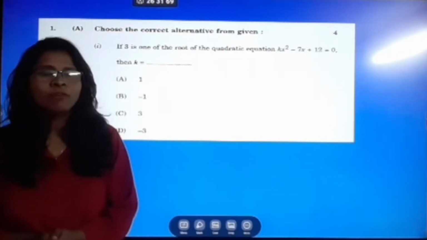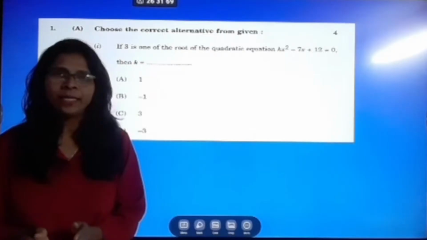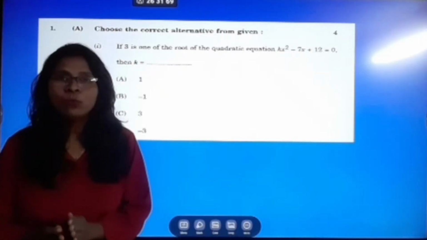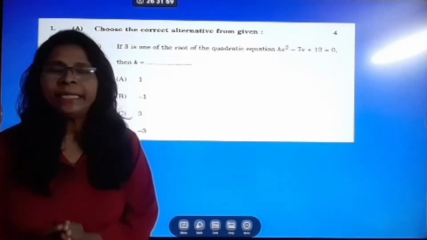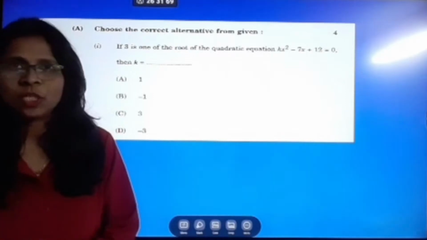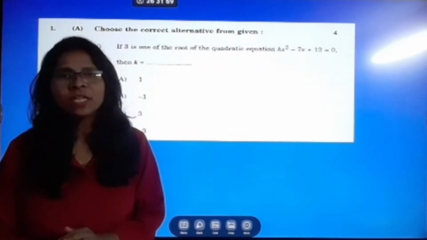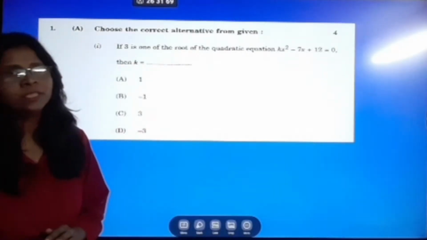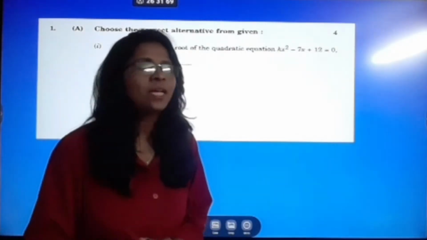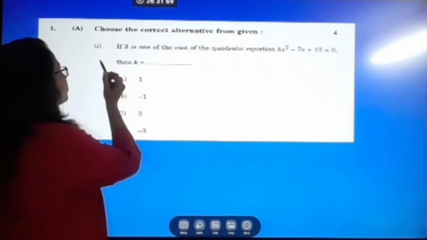Question 1A is for 1 mark and it contains MCQs. There are 4 MCQs, and the 4 MCQs carry 4 marks. Okay students, so let us see the first question.